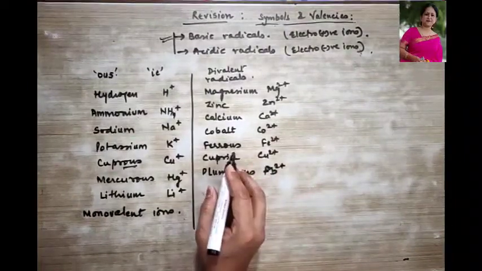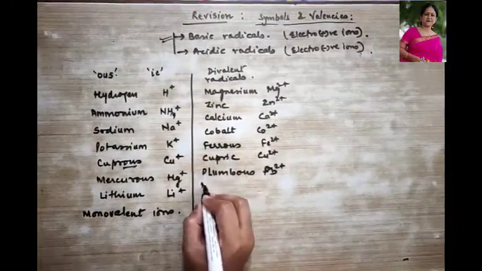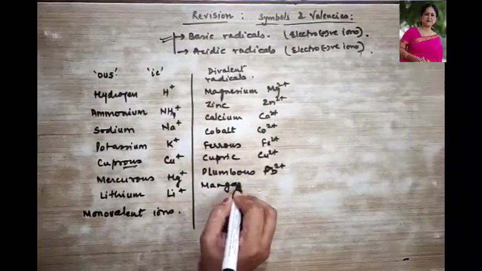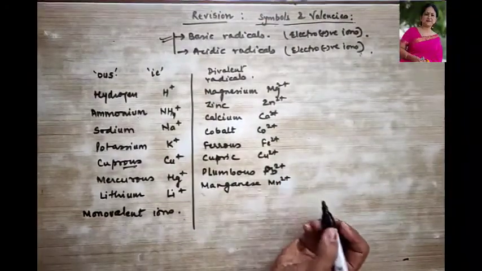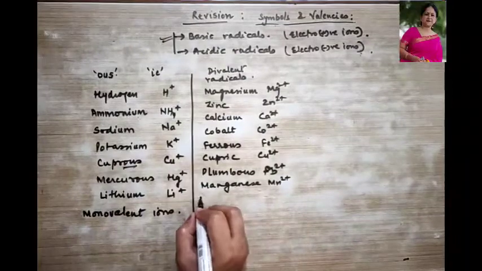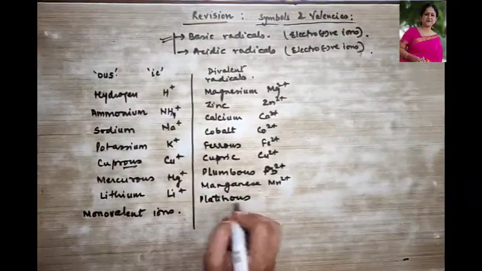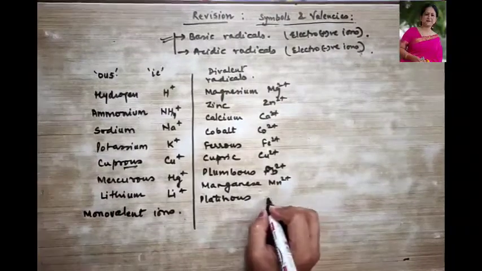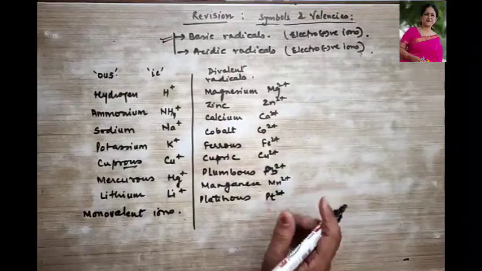Then we have ferrous, I have already given to you. Anything more? Manganese, it is Mn2 plus. Then platinous, that means this also shows variable valency. This is Pt2 plus.